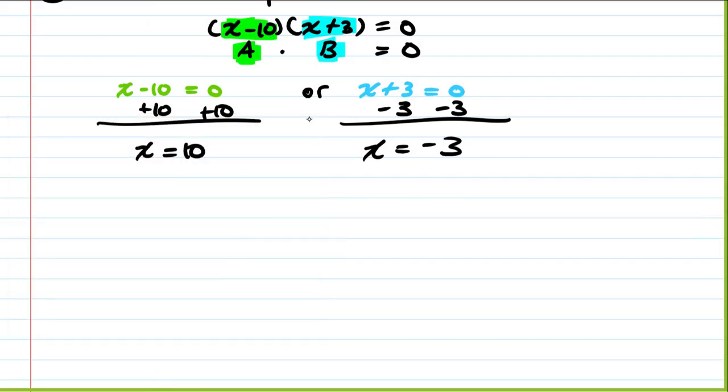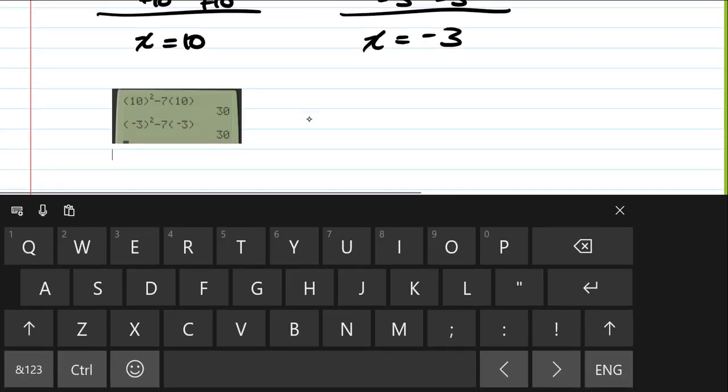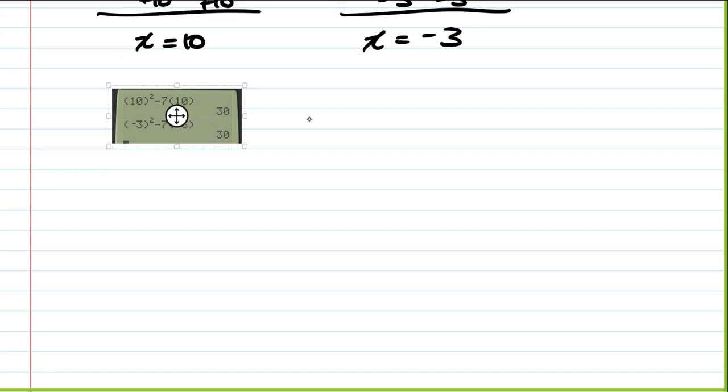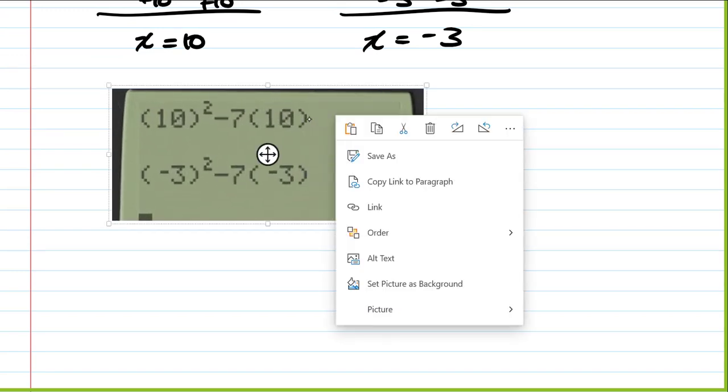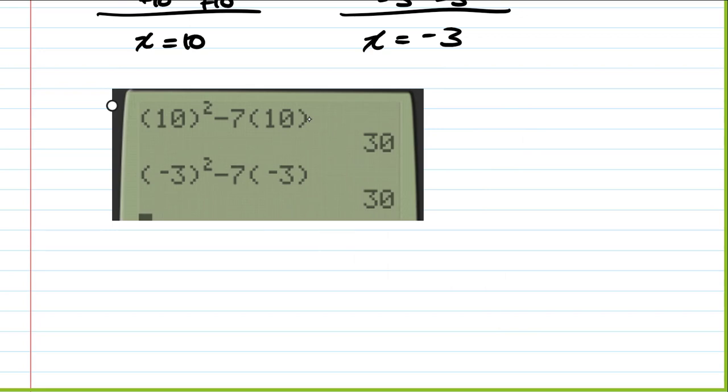And as I mentioned, the check step is optional. You don't have to check, but it can make your life a little bit easier, and also verify that we got the correct answer.